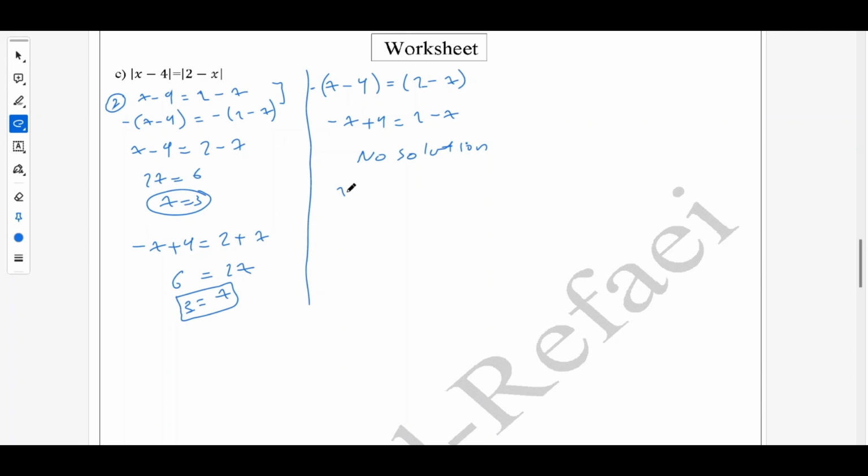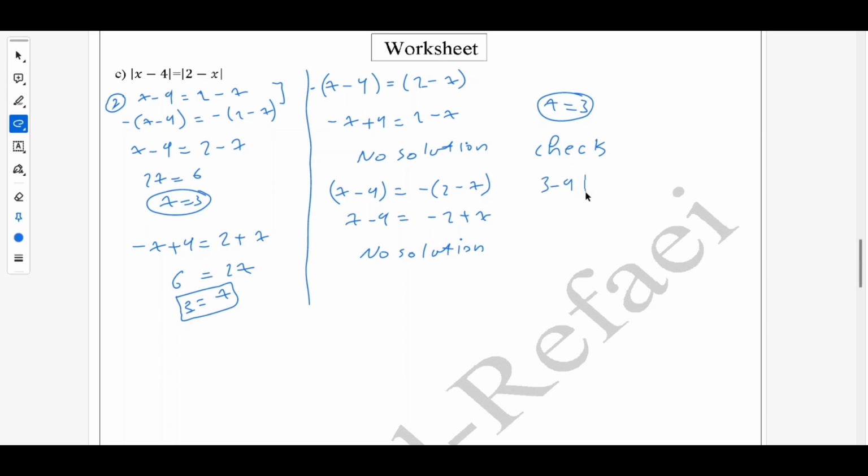Or the left side positive, the right side negative. Cancel x, so no solution. So make one of them positive and the other one negative. No need to do these two methods. According to that, I have one solution, x equals 3. Always check, always check.